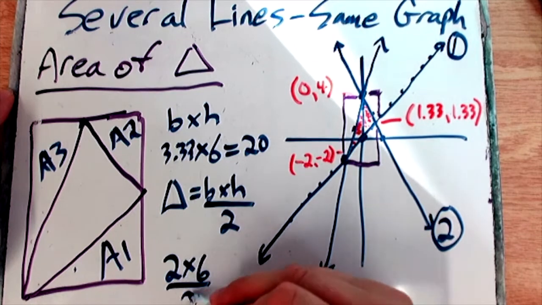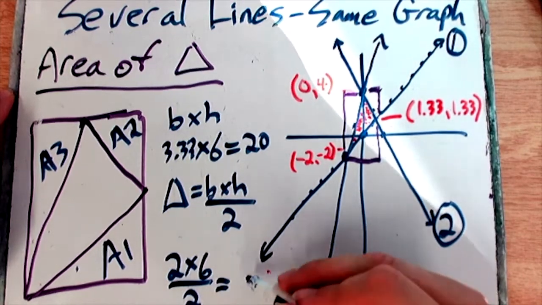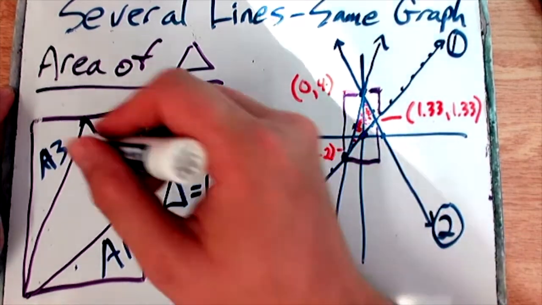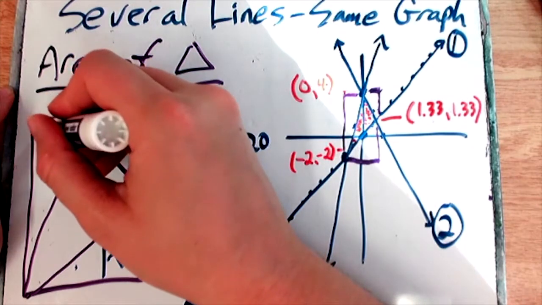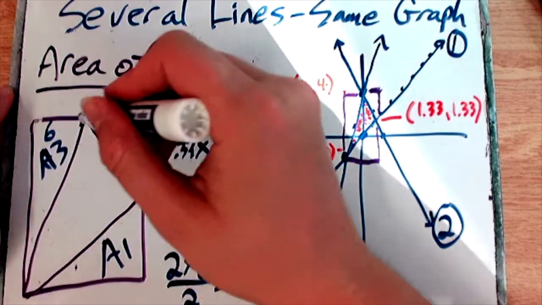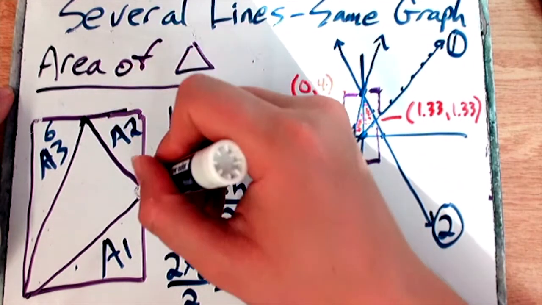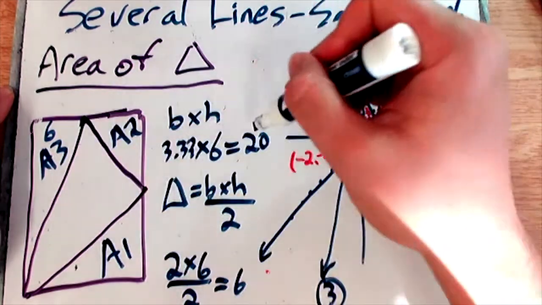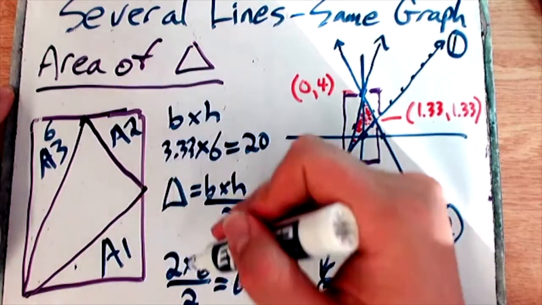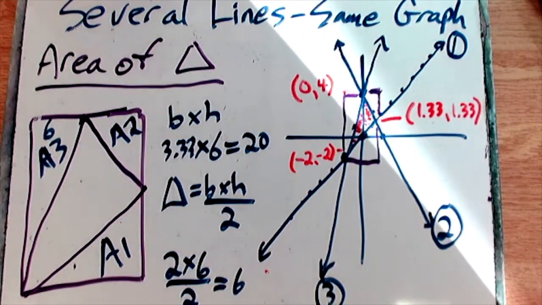And we need to half that, so that's 12 divided by 2 equals 6. So the area in this example is 6 units for this triangle. You have to calculate using base times height divided by 2. This triangle, subtract them all from this total, and you get your total area.